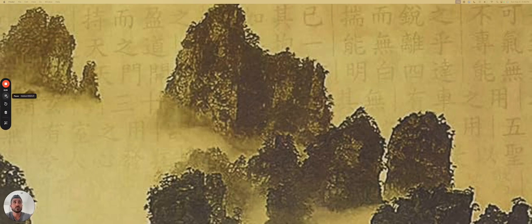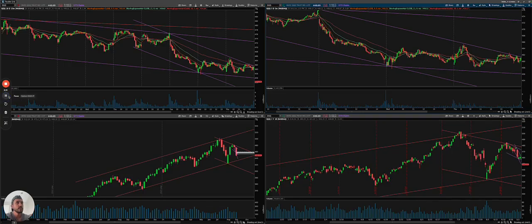Alright, now I'm gonna show you my TOS, think or swim account, and get to the charts in a moment. Alright, what you guys are seeing here is my TOS chart setup for QQQs.